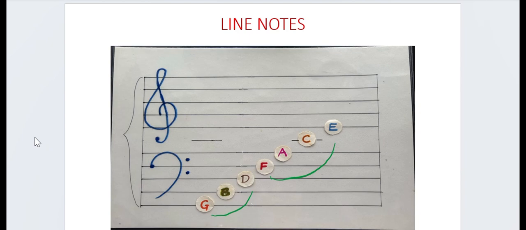Similarly, with music notation, you have to attain this stage of reading where the names of the notes are immediately recognized, and you will find your keys on time and be able to play musically.